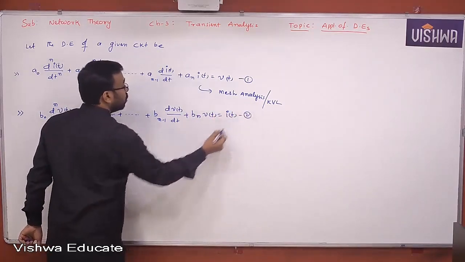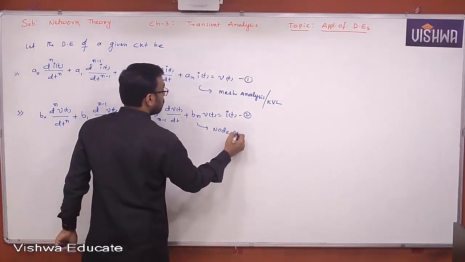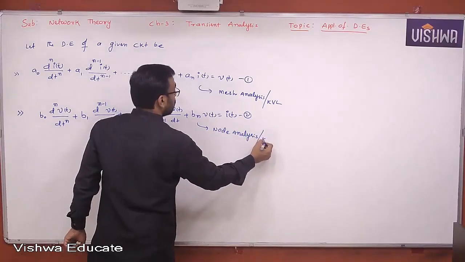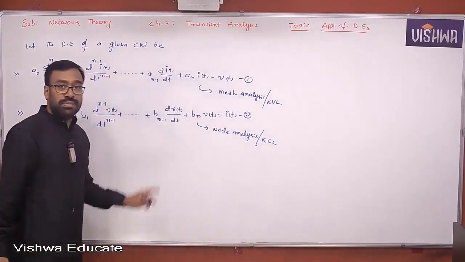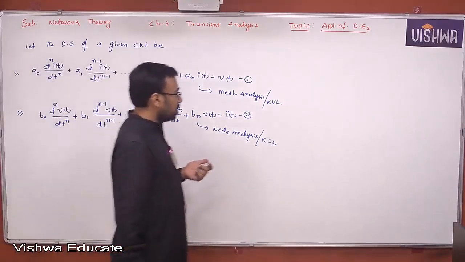Say it is equation 2. Now node analysis, KCL. Understand all of you?